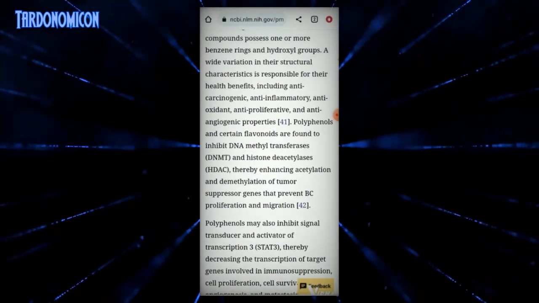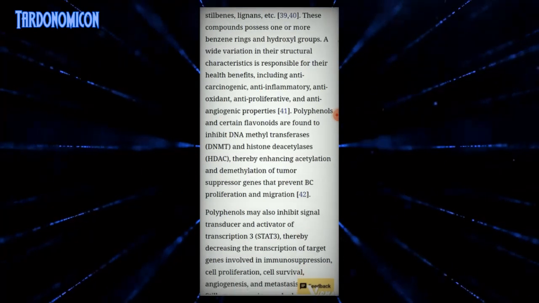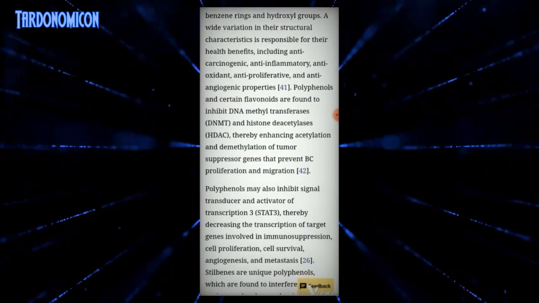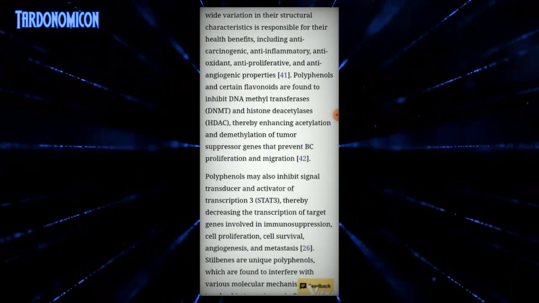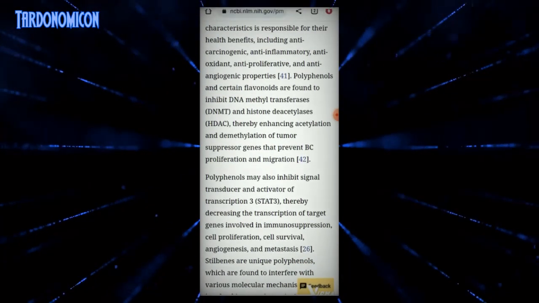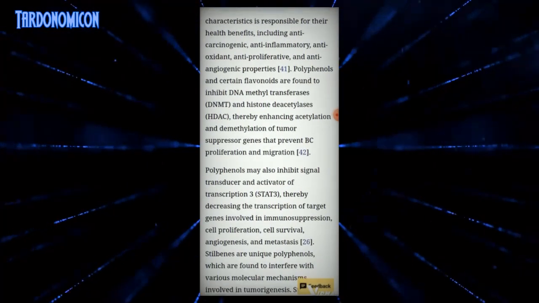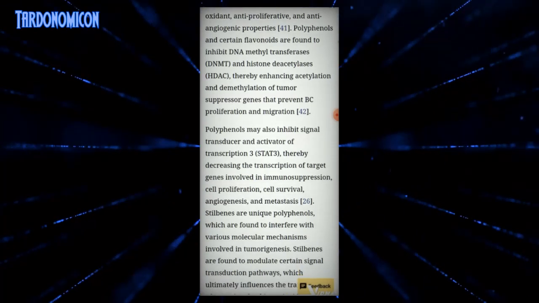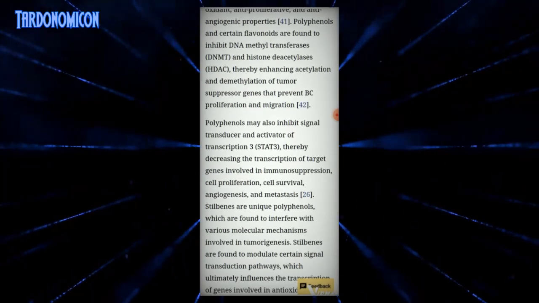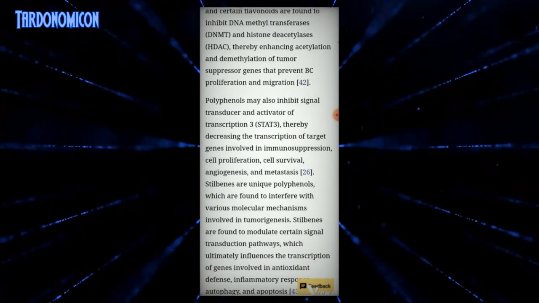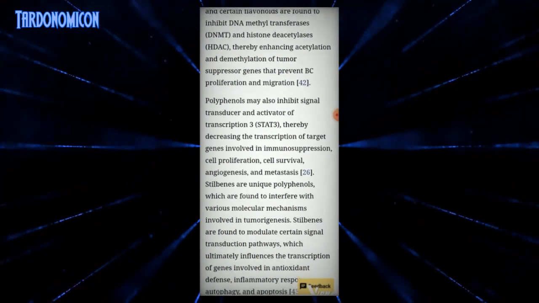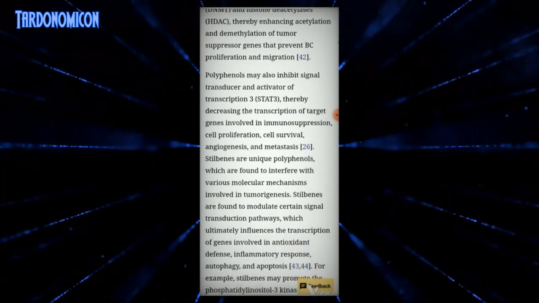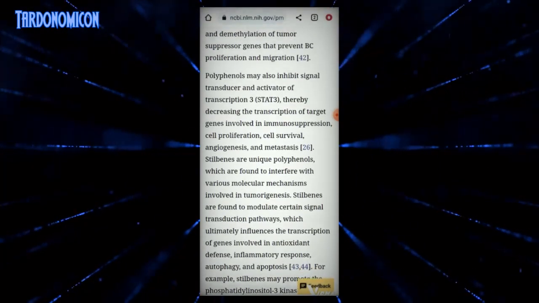Their health benefits include anti-carcinogenic, anti-inflammatory, antioxidant, anti-proliferative, and anti-angiogenic properties. Polyphenols and certain flavonoids are found to inhibit DNA methyltransferases and histone deacetylases, thereby enhancing acetylation and demethylation of tumor suppressor genes that prevent breast cancer proliferation and migration.